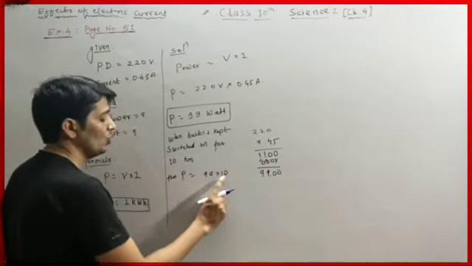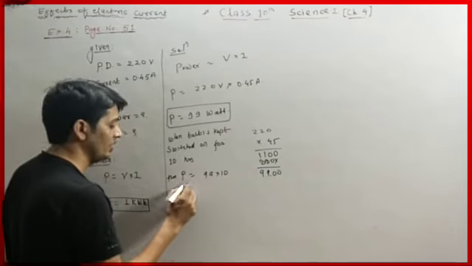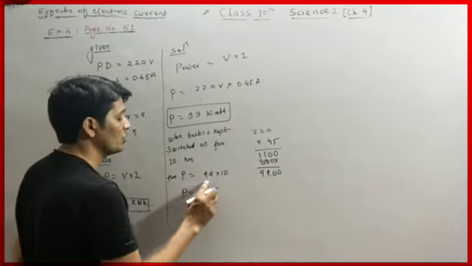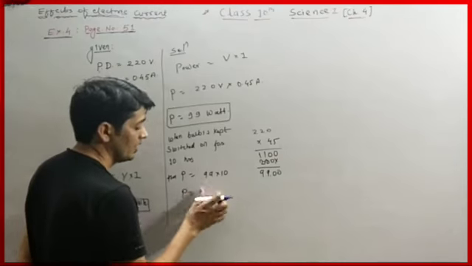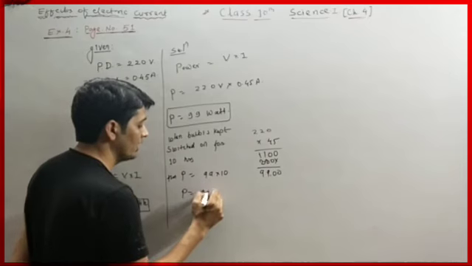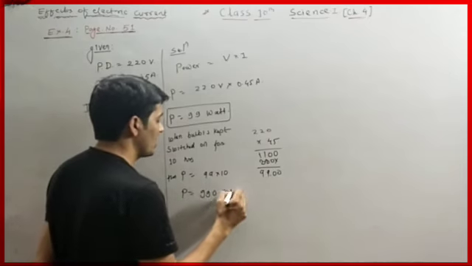So 99 is watt, and time is in hours. So the total energy consumed will be 990 watt hour.